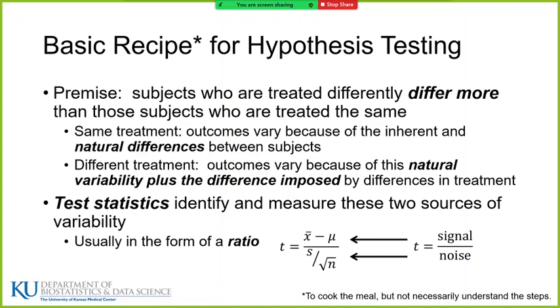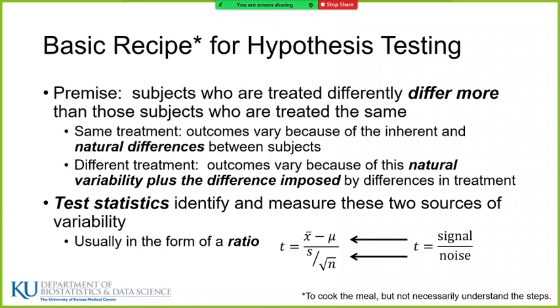So if one subject received a surgical intervention and another subject received a surgical intervention, we would expect their outcomes in general to be more similar than comparing the outcomes of a subject who received a surgical intervention and a subject that received a pharmaceutical intervention. So bigger outcome differences are associated with different group assignments or different treatments.